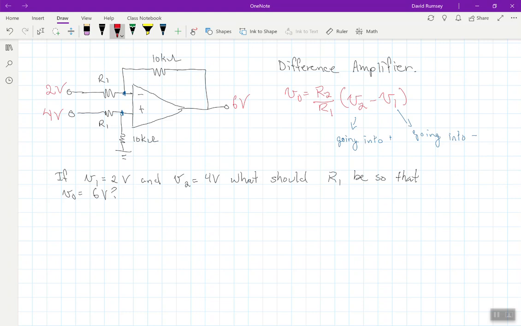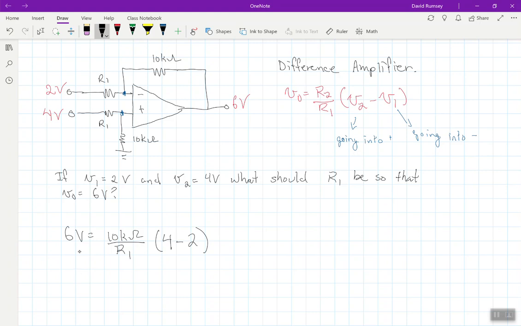Now I'm just labeling my circuit with all the information, and I should see that this is a really easy problem, because all I need to do is figure out what R1 needs to be, and I've got a very simple equation. Vout I know is 6 volts, and this has got to be R2, which is 10 kilo ohms, divided by R1 times V2, which is 4 volts, minus 2 volts.